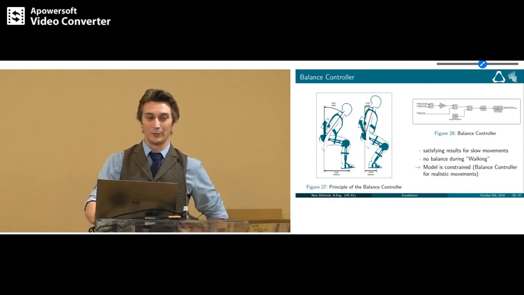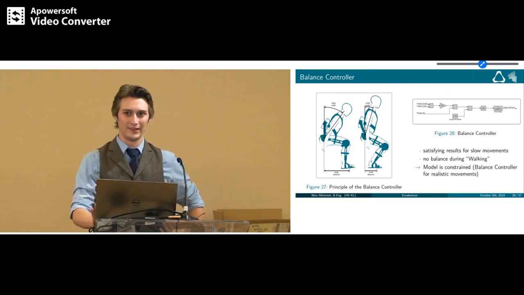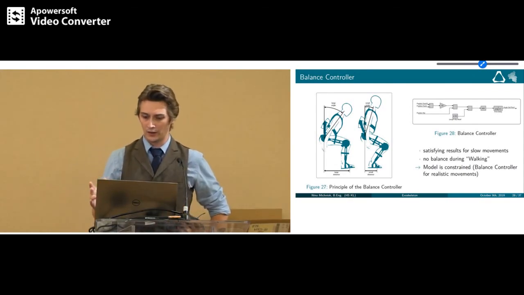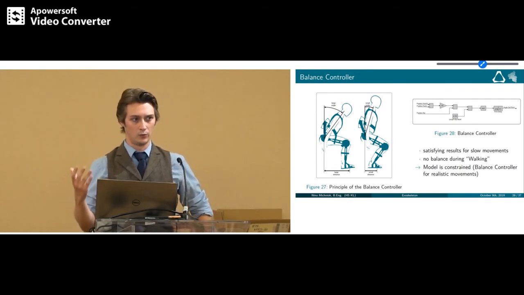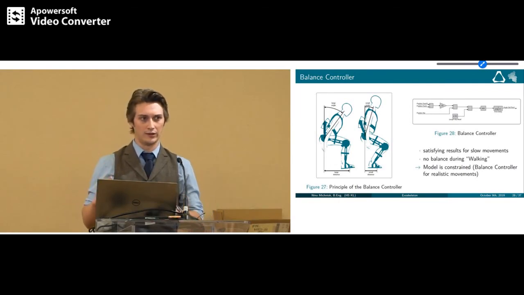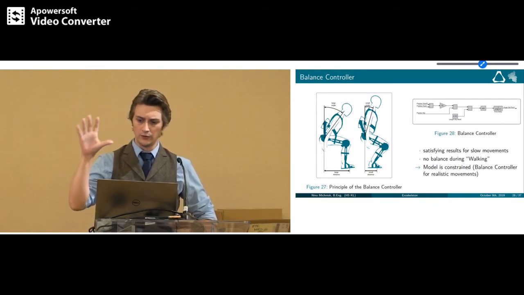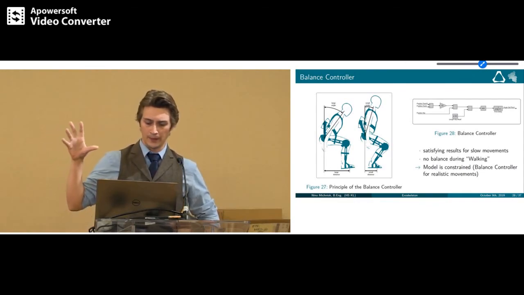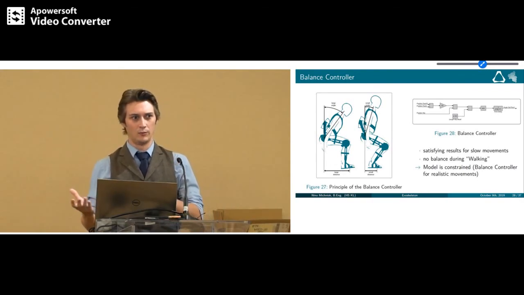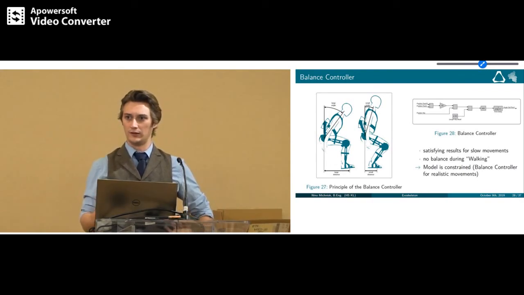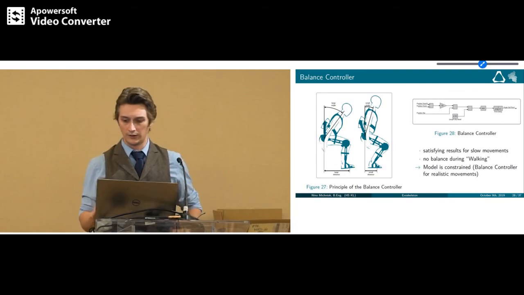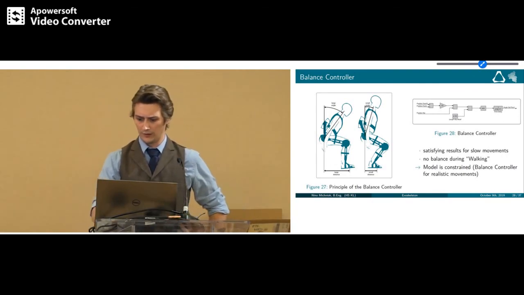And this worked surprisingly well for slow movements like standing up and sitting down, but unfortunately it didn't work for walking. So the model is similarly constrained as at the beginning, as I already mentioned with this orientation joint, but I used the balance controller to somehow create a more realistic movement because it leans forward and backward during walking, and it looked much better than in the beginning.